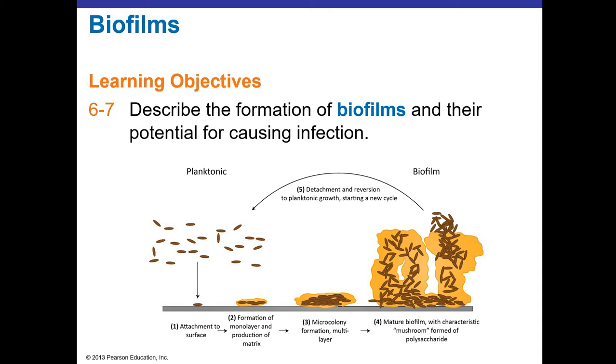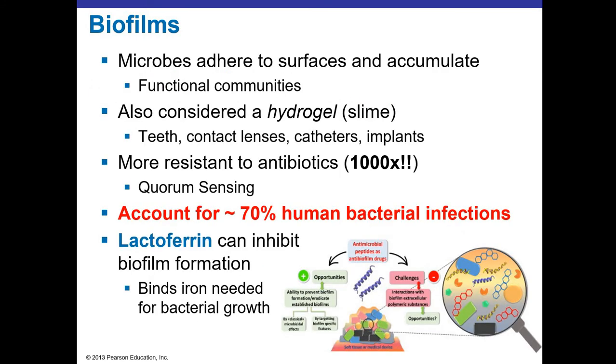So let's take a look at these biofilms. Interestingly, about 70%, maybe even more, of human bacterial infections actually probably are caused by biofilms. These biofilms are these functional microbial communities. The microbes adhere to surfaces and then accumulate. Once they do, they go through what's referred to as quorum sensing.